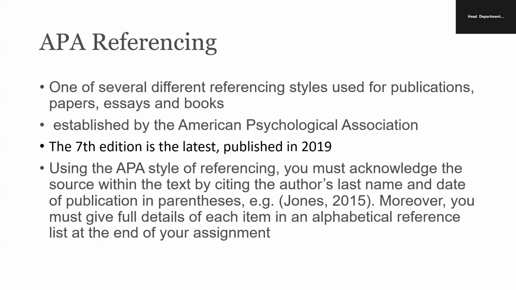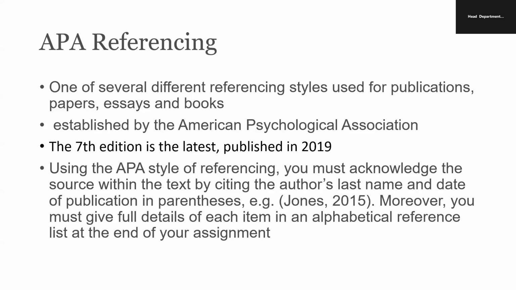Right. Then let's look at how we cite and how we prepare the reference list according to APA referencing. It is one of the several different referencing styles used for publications, papers, essays, and books, right? As I told you, there are several different referencing styles, APA, Harvard, like that.